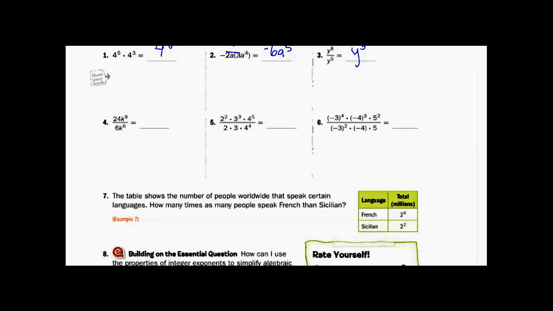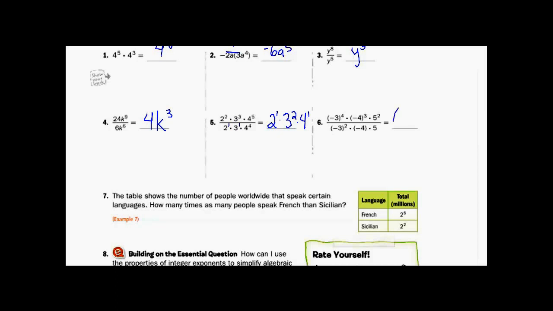Sorry, the top of that was cut off just a little bit. So divide my coefficients gives me a 4k cubed. These, exponent of 1. 2 squared divided by 2 to the 1st. I've got 1 left. 2 to the 1st times 3 squared times 4 to the 1st, or I could just simply write a 4.